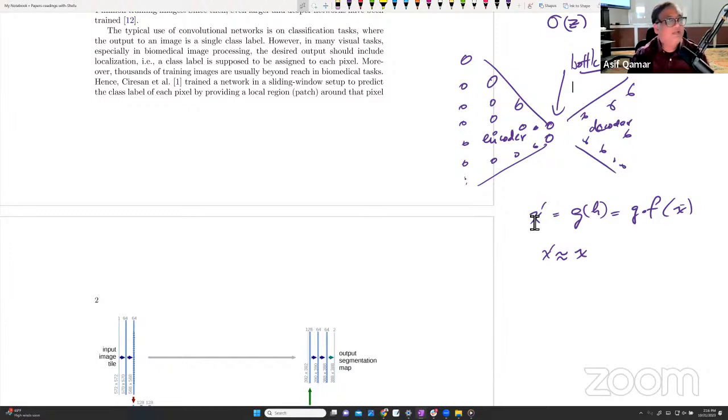So it is made up of the encoding function F and a decoding function G, right? One compresses, the other expands. Now, you need not just use a feed-forward network. For images, it turns out that it's far more efficient to use CNNs, convolutional neural nets.